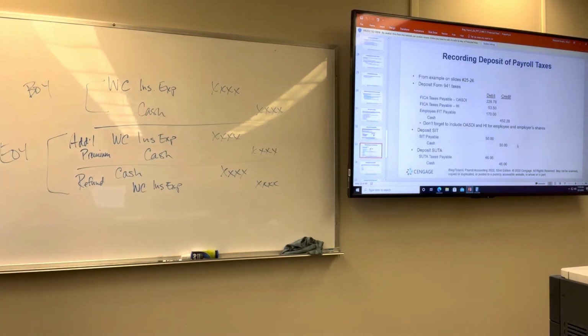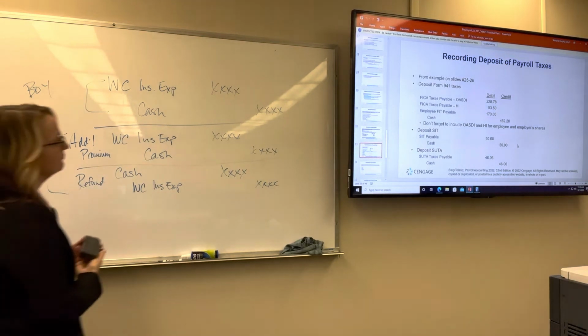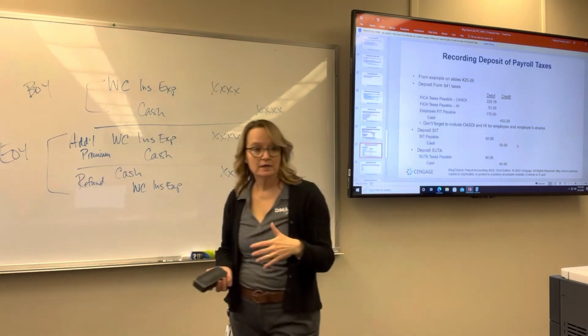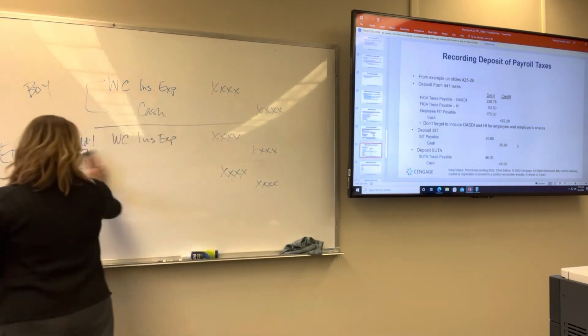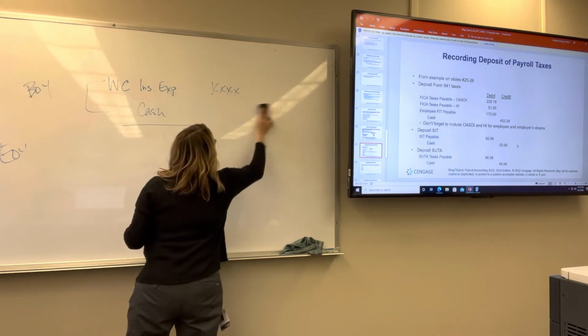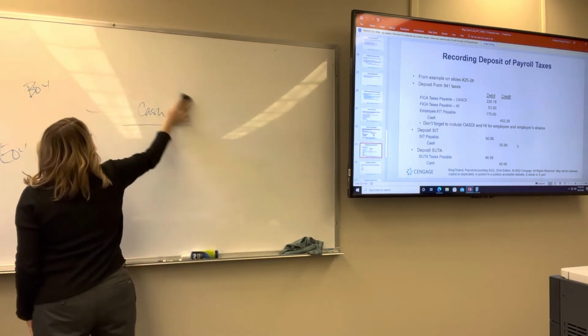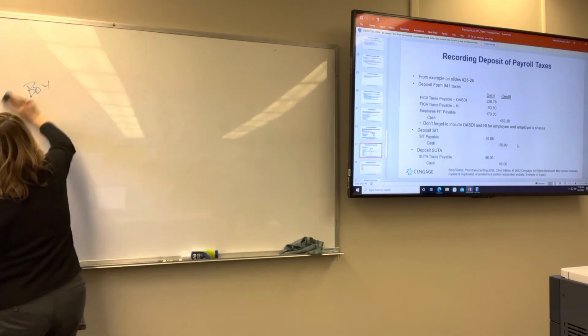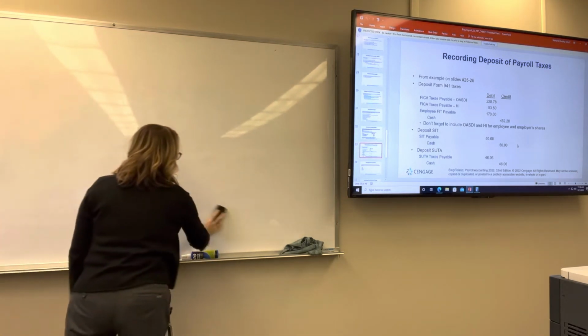Okay, so we've already alluded to this. When we actually pay the payroll taxes, that's when we're going to reverse those payable accounts. We're going to debit them instead of crediting them.